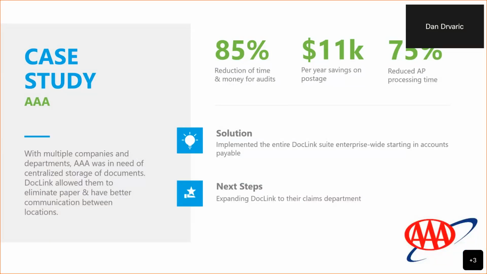And here you see they had an $11,000 savings simply on postage. And again, that relates back to the $18,000 that the other company was able to save on their storage costs. And again, 75% reduced processing time goes right back to that 73% savings that was reported by the Ardent partners.